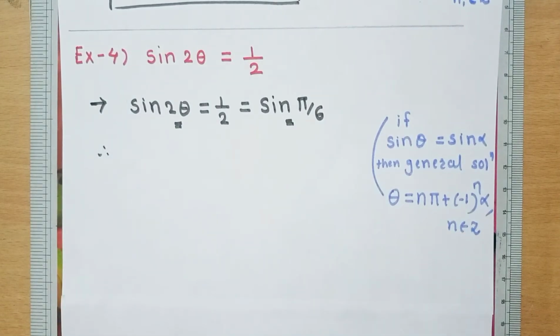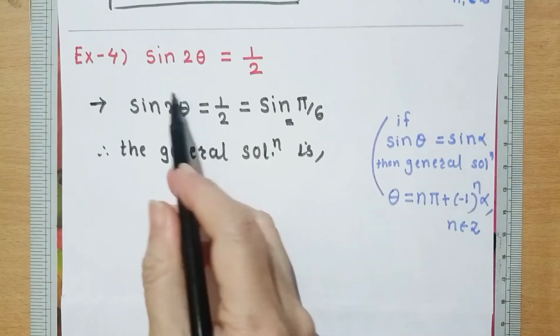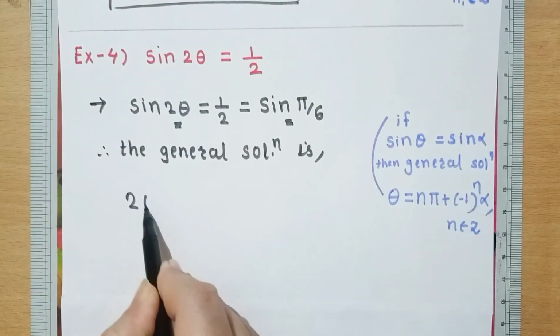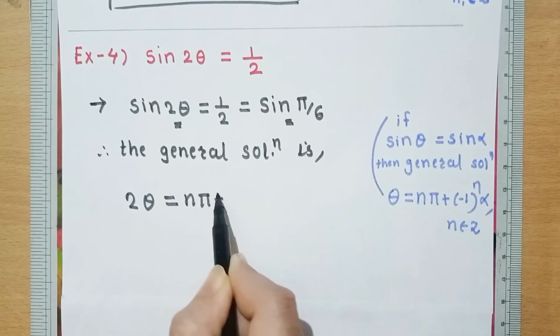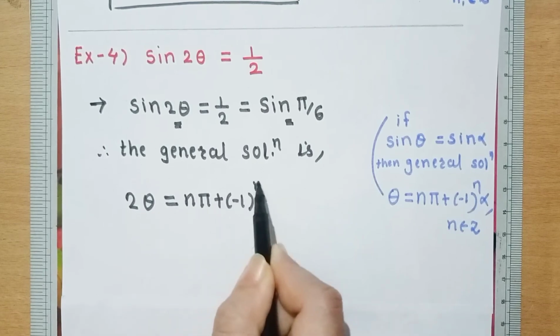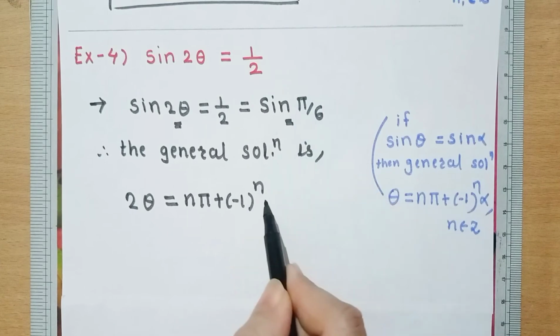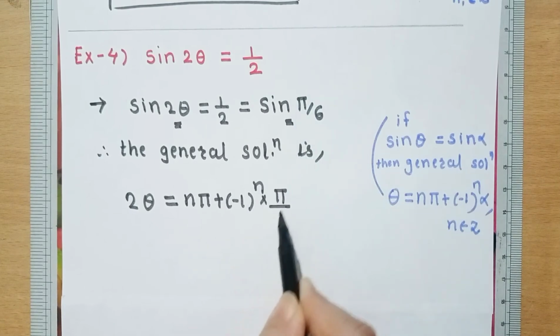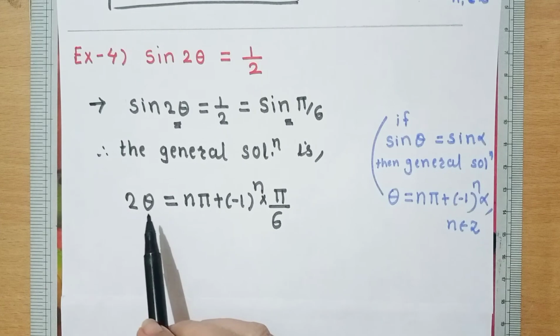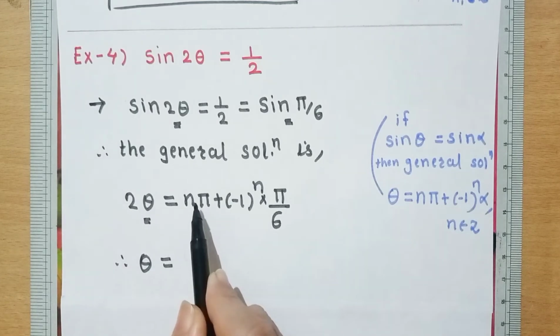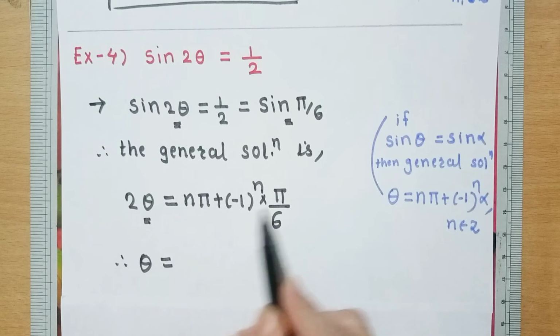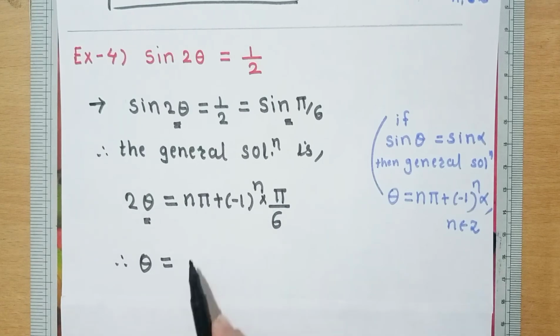Therefore, the general solution is: write this angle here, 2 theta equal to n pi plus minus 1 raised to n, and again you have to write here the angle which is pi by 6. Now we want to find out only the value of theta. So move this 2 there, and therefore theta equal to, we will divide the first term also by 2 and the second term also by 2.